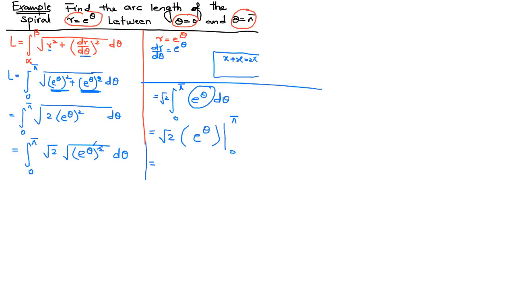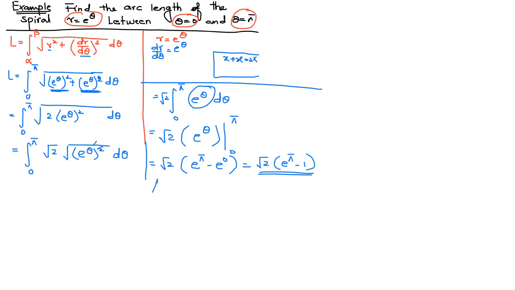If I put the upper limit, that gives e power pi, and if I put the lower limit, that is e power 0, and we know that e power 0 is equal to 1. So this is square root of 2 times e power pi minus 1. So this is the arc length.